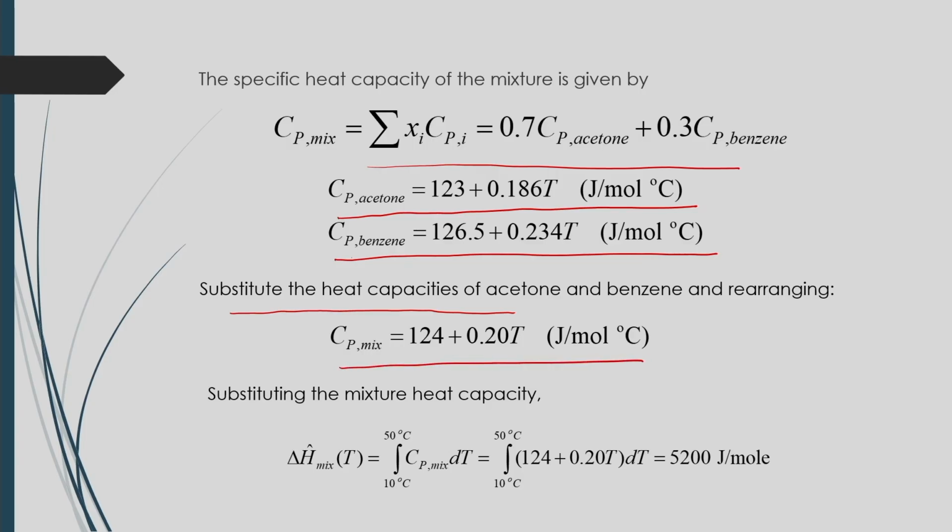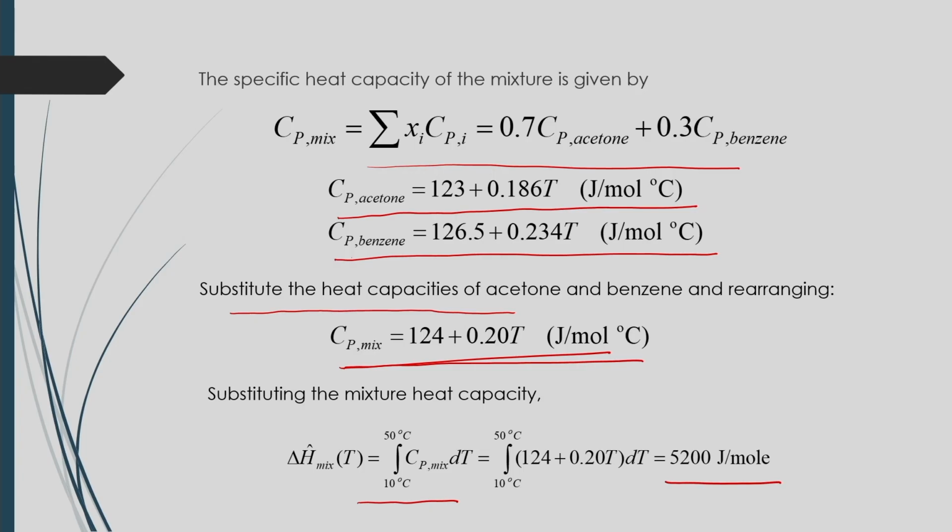Substituting this Cp mix in that integral form, and after integration and substitution of the limits, 10 to 50 degrees Celsius, finally you get this 5200 joule per mole.